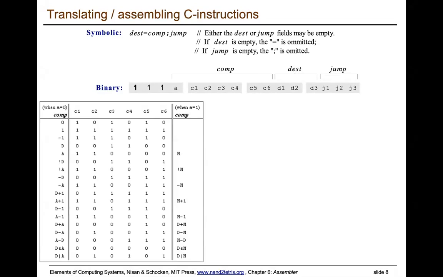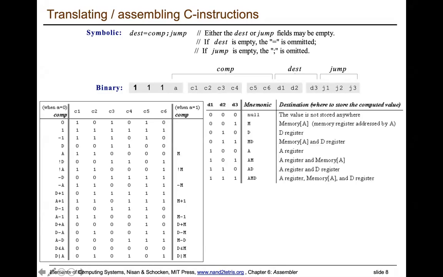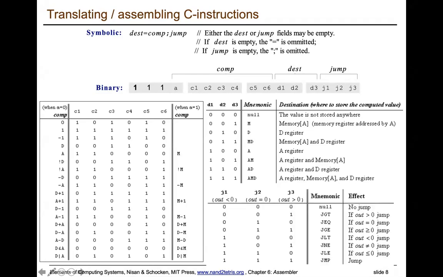This is the instruction table: the A bit and C1 to C6 show how we do the computation, and this is the code. Then this is the destination I want to put the result in, and here is the jump.